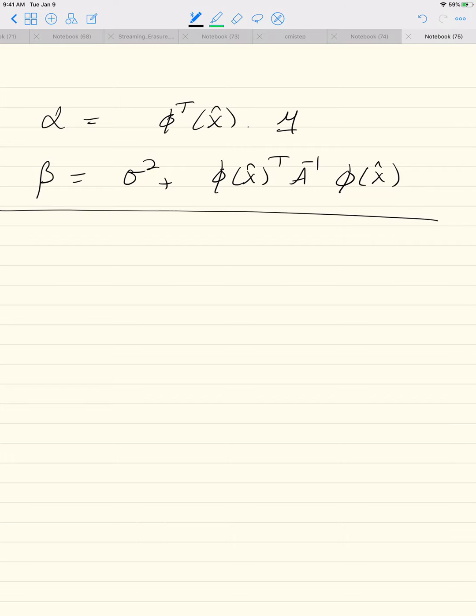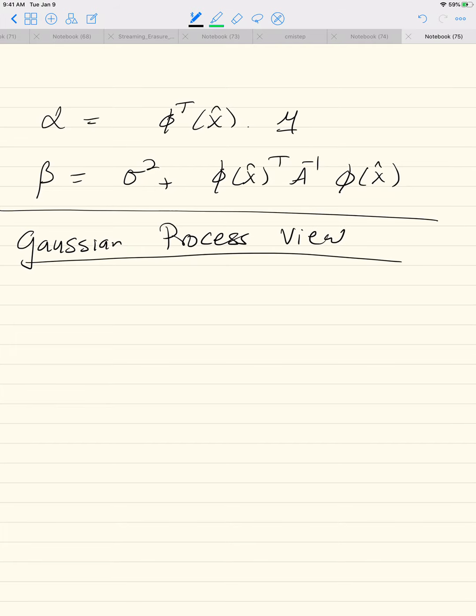So all of this seems like a simple exercise in Bayesian linear regression, but it has interesting connections to Gaussian processes. So now let's discuss the Gaussian process view of this example.